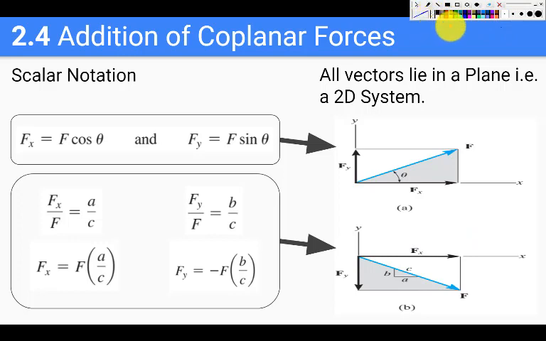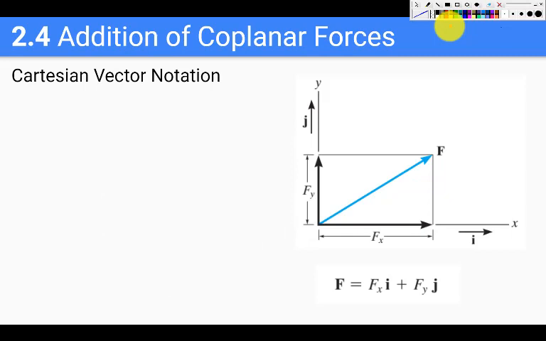Now we look at addition of coplanar vectors. For example, we have this vector f. We can write this vector into its x and y components. We choose a unit vector in the x direction and call it the i vector, sometimes also called i hat, which is basically the unit vector in the x direction.